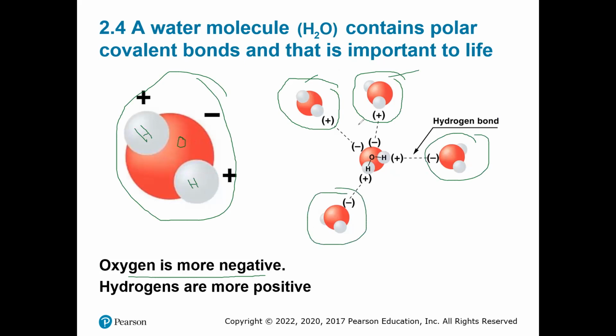What ends up happening is that the negative, remember, opposites attract? So this positive hydrogen is going to be attracted to this negative oxygen, and they form a third type of bond, which is called a hydrogen bond.